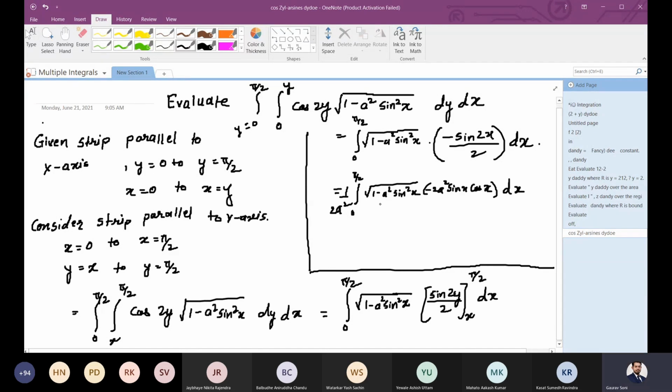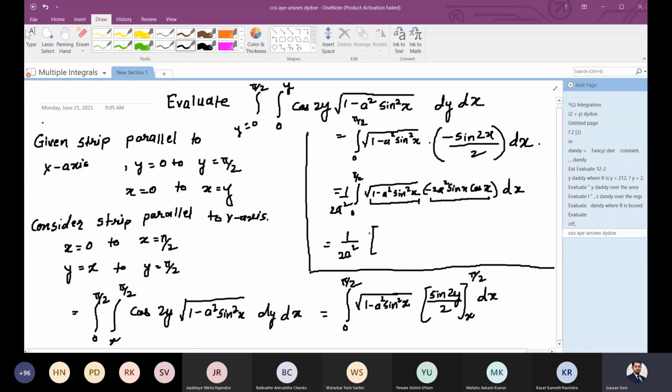So the derivative of 1 minus a square sin square x is minus 2 a square sin x cos x dx. So simply what we have is the integration of under root of t.